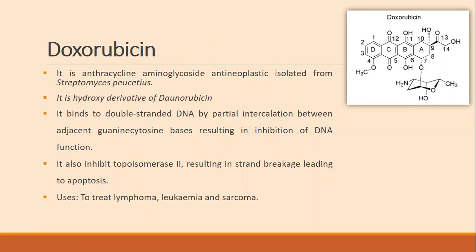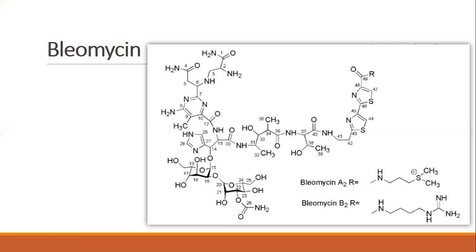Moving towards the next category of antibiotic agent, bleomycin. This is the huge structure of bleomycin. It consists of amide linkages, a pyrimidine heterocycle, pyridine, and an imidazole heterocycle.